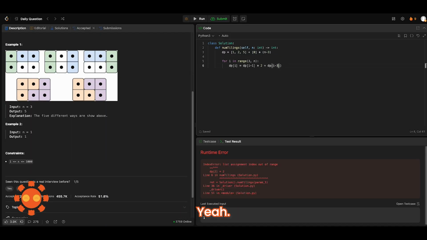And remember, since the answer might be large, we have to do a modulo of 10 to the power of 9 plus 7. Add a semicolon here.